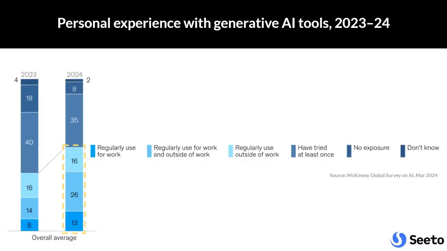Perhaps most surprisingly, 15% of people born between 1981 and 1996, that would be millennials, regularly use it for work, but an even greater number, 34% of Gen X, that's people born between 1965 and 1980, use it for work and outside work. So regardless of whether you are already using gen AI in your business today or not, or you believe you are, it's likely that it is actually happening.